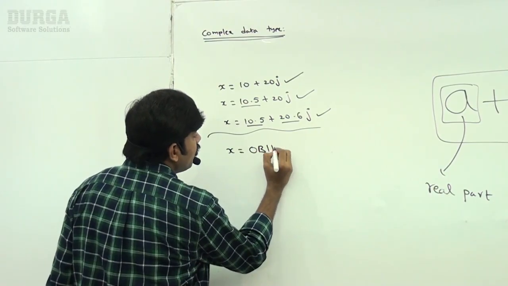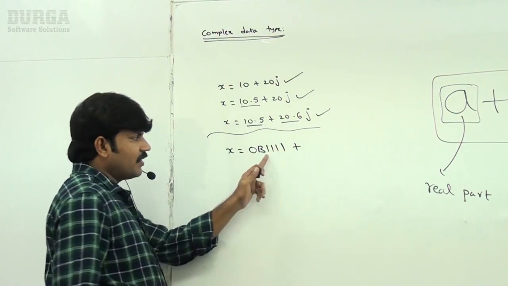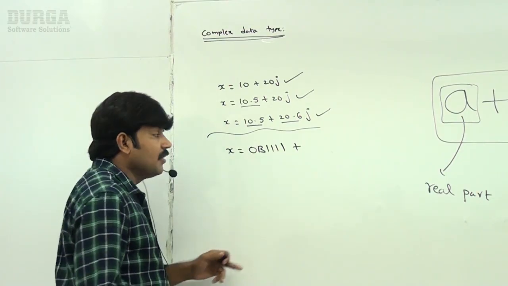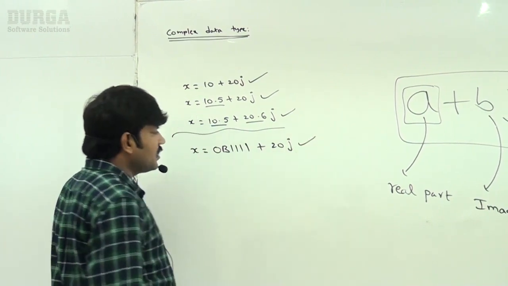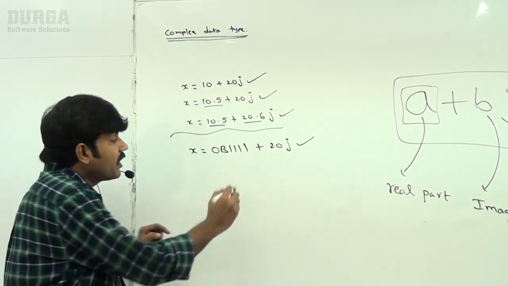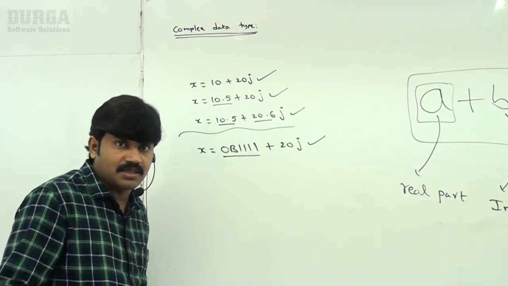Here x is equal to 0b1111 plus 20j. 1111 means 15, sir, so 15 plus 20j I am taking. Is it acceptable or not? Acceptable, because in the real part you can take binary, octal, hexadecimal, right?